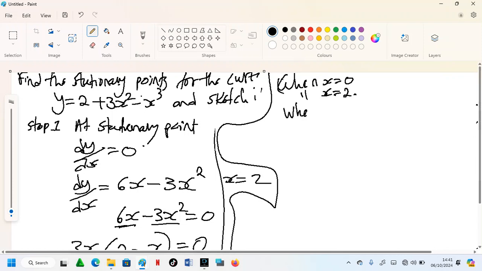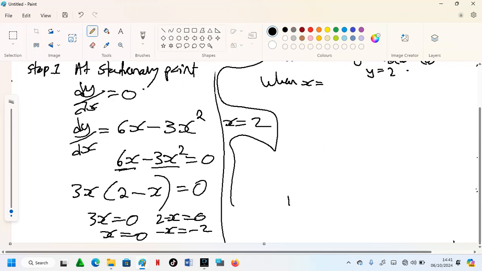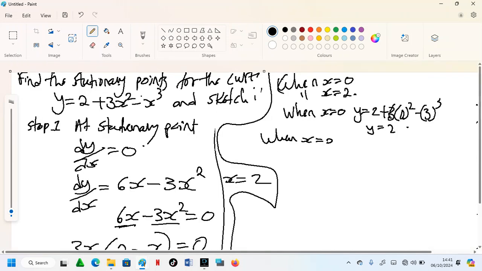So when x is 0, what is y? y becomes 2 plus 3 times 0 squared minus 0 cubed. So y is 2. And then when x is 2, y becomes 2 plus 3 times 2 squared, and then minus 2 cubed, right?